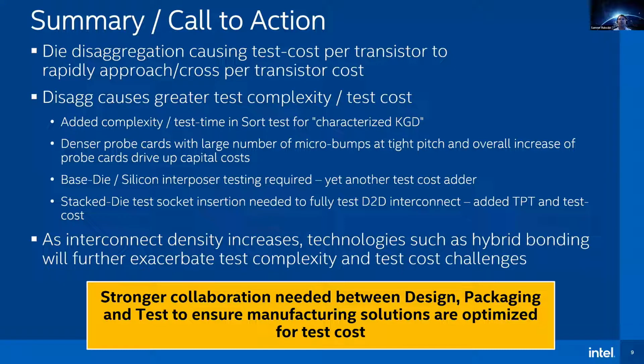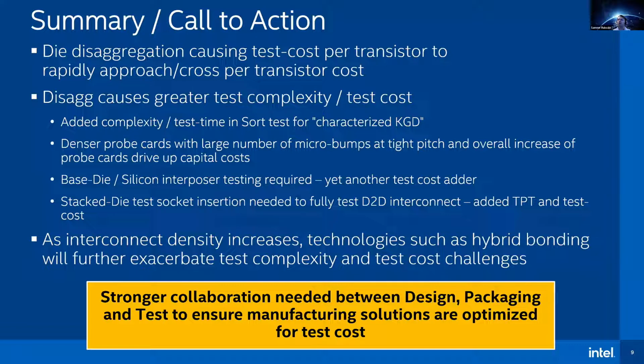In addition to all of this, as packaging technologies advance, and as we go further and further into more complex technologies such as hybrid bonding, that further just adds and exacerbates test complexity. Hybrid bonding is one of these technologies where you don't even have the full stack available. So there are processing steps after the stack is assembled. So is wafer test even a true representation?